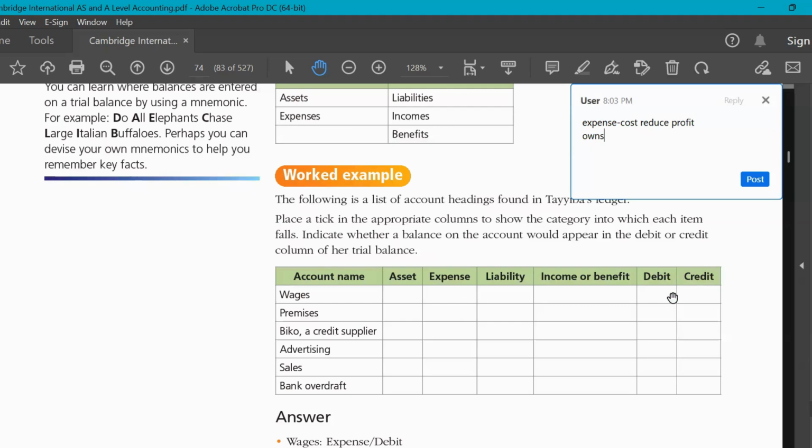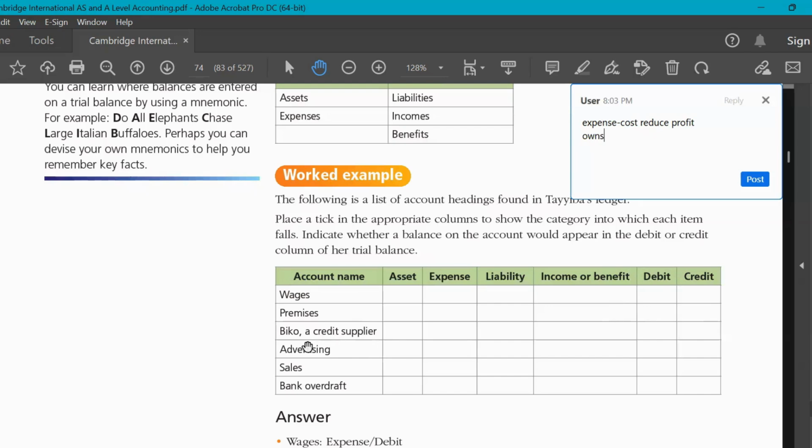Recording the premises as a debit shows that the business has control over that resource. So again, premises: asset, debit.